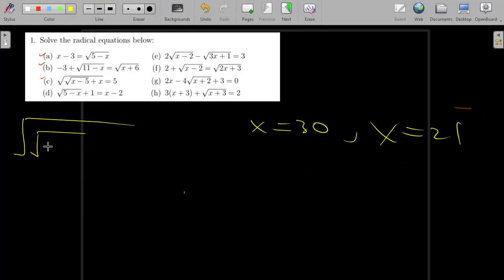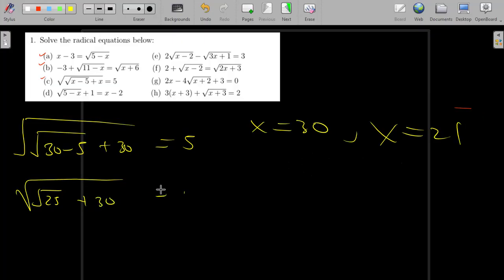So I start with 30, so that will be root of 30 minus 5, then plus 30, this must be equal to 5. That's what they're saying. So from here, 30 minus 5, what do I get? 30 minus 5 gives me 25. So you have root 25, then plus 30 equal to 5.